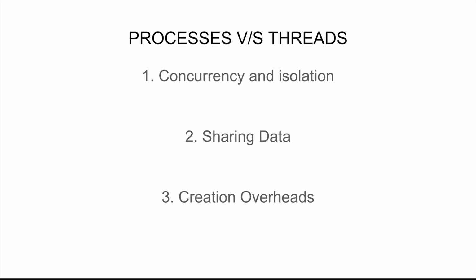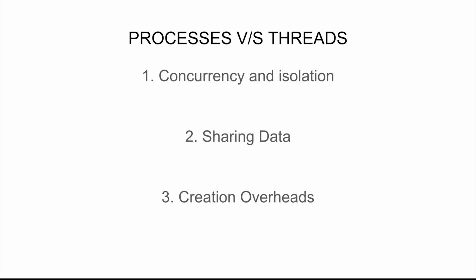Since two threads running in the same process are not isolated from each other, data can be shared between two threads quite easily, and it is as simple as writing something onto the shared segment. I'll explain the idea of sharing data in threads better in the next slide, where I'll show you the virtual address space of a process running multiple threads.